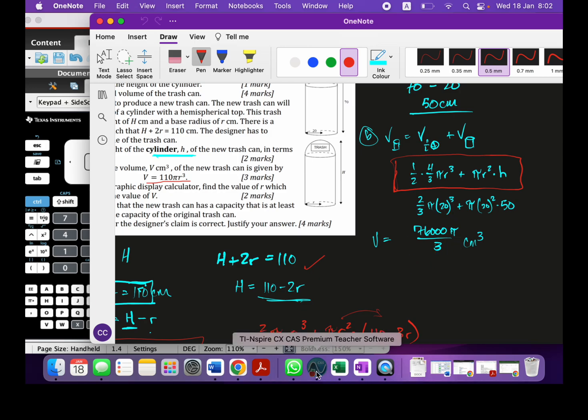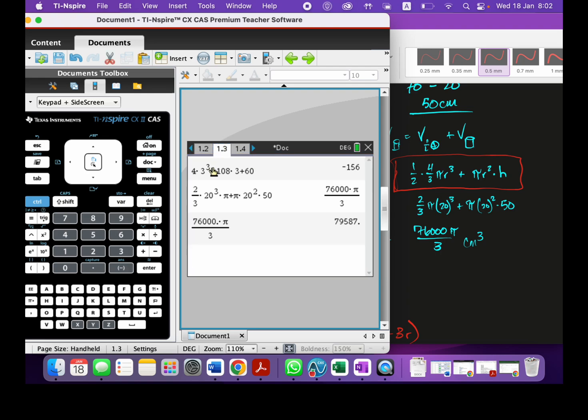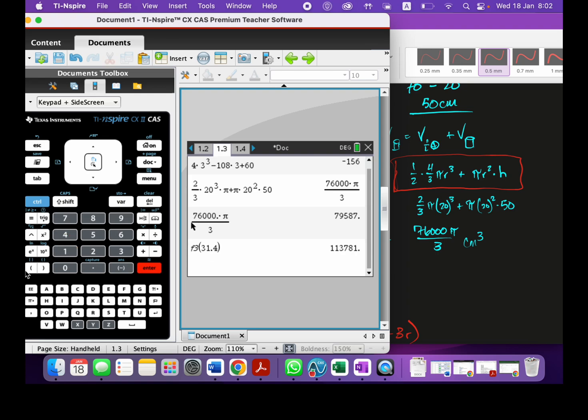Okay. To do that, this is f of 31.4. I'm going to go back to a calculator page. F of 31.4 gives me that crazy number.